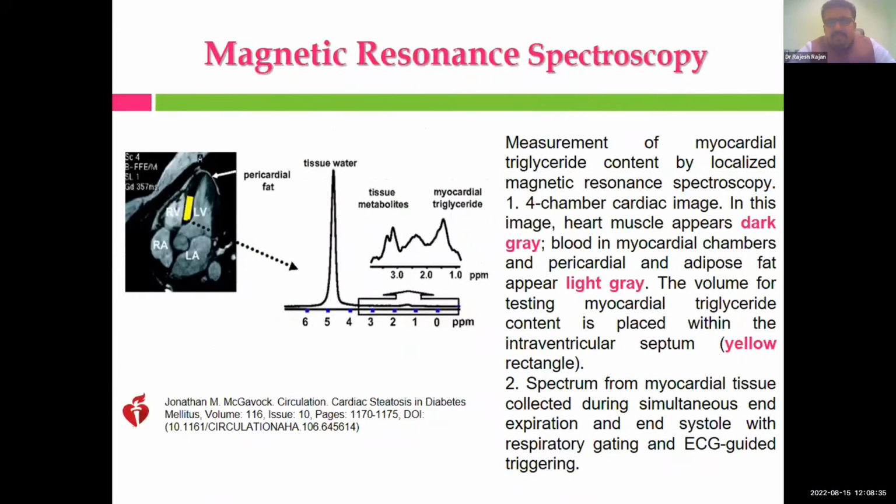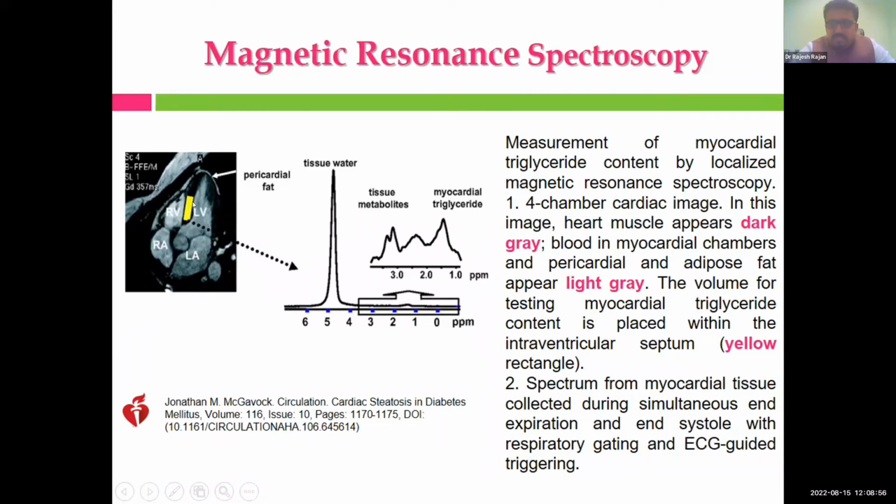So with magnetic resonance spectroscopy, you can see in this spectroscopy the dark gray areas, which are the cardiac muscles, and the white areas, which can be the blood or the pericardial fat.